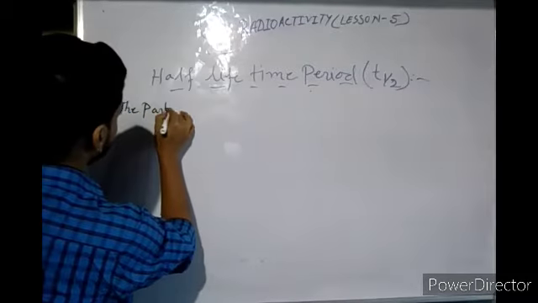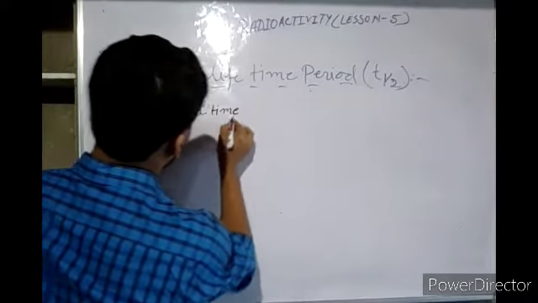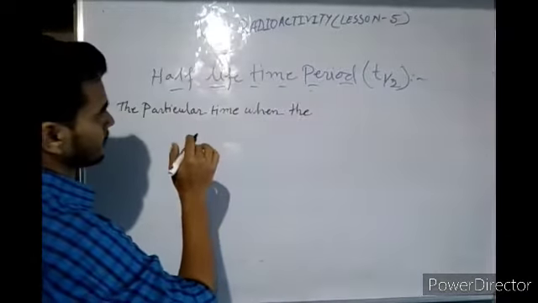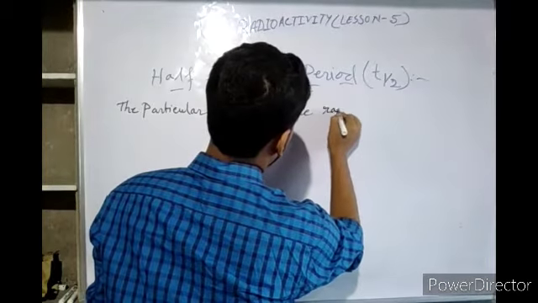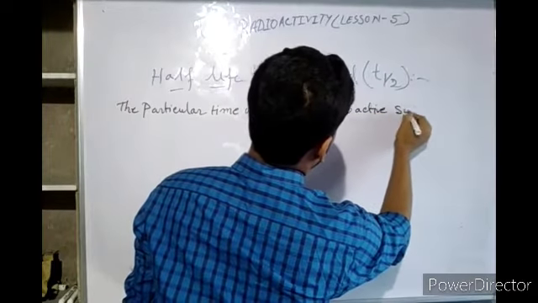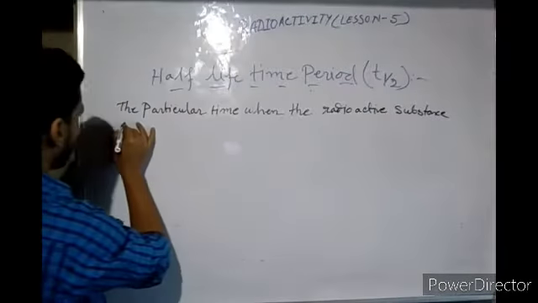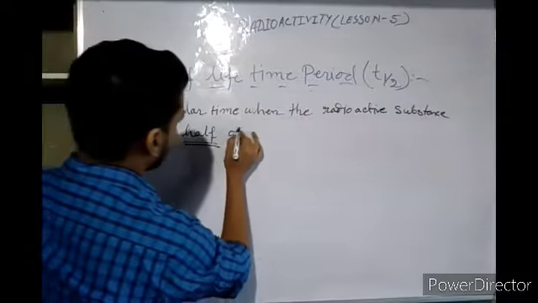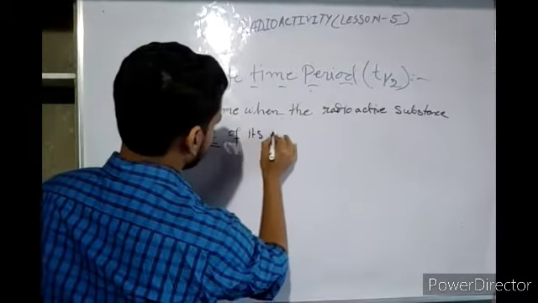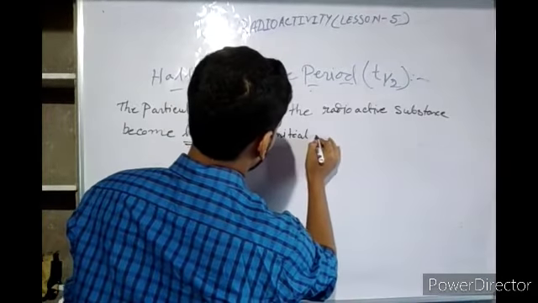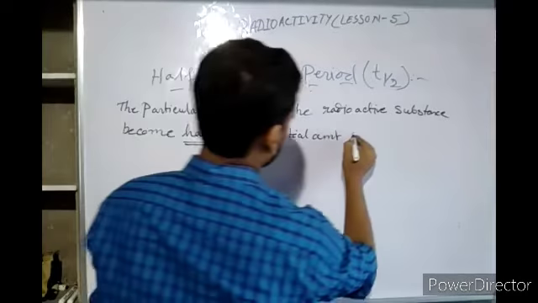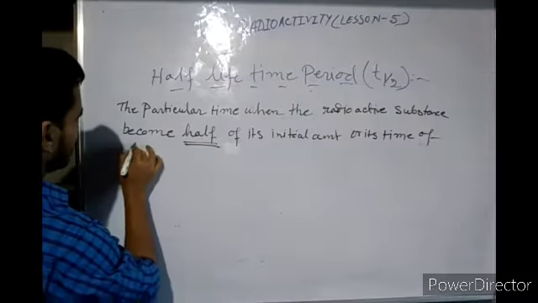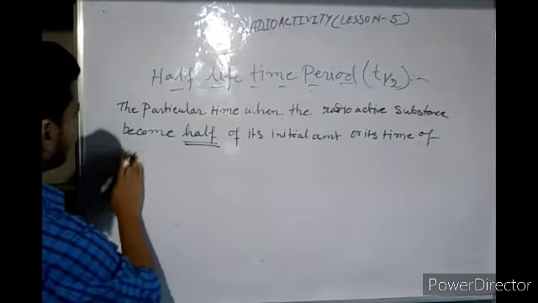Means the particular time when the radioactive substance becomes half of its initial amount, counted from its time of starting of disintegration.